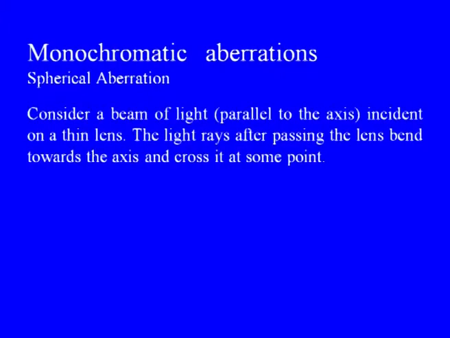Now, we come to the monochromatic aberrations, like spherical aberration. Consider a beam of light parallel to the axis incident on a thin lens. The light rays, after passing the lens, bend towards the axis and cross it at some point.